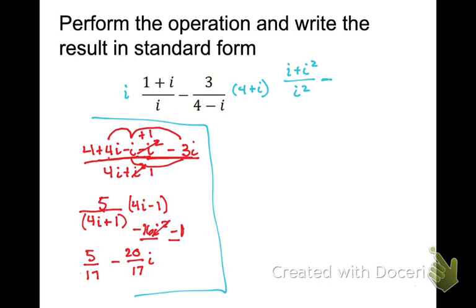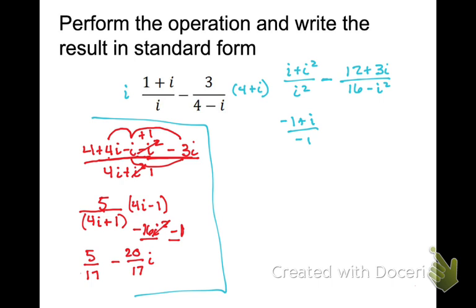Okay, so on this side you get 12 plus 3i over 16 minus i squared. Okay, so over here I get negative 1 plus i over negative 1.